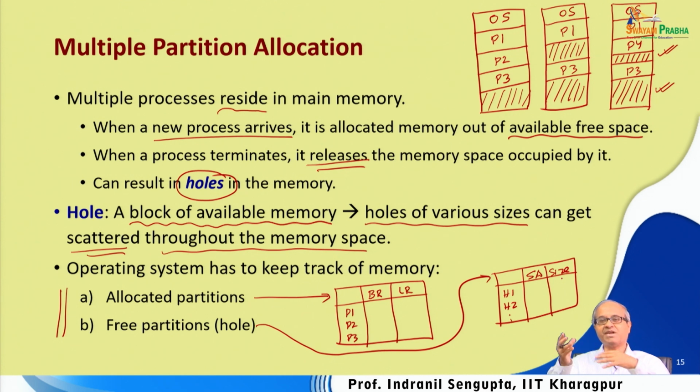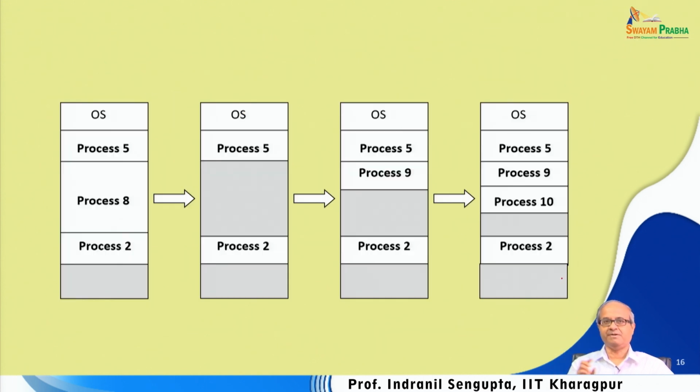In these tables, it keeps track of which processes are currently in memory and which free spaces are currently there in memory, and as I said, the free spaces can be scattered in terms of holes. Fine. So, let us take an example here diagrammatically, whatever I was trying to draw.